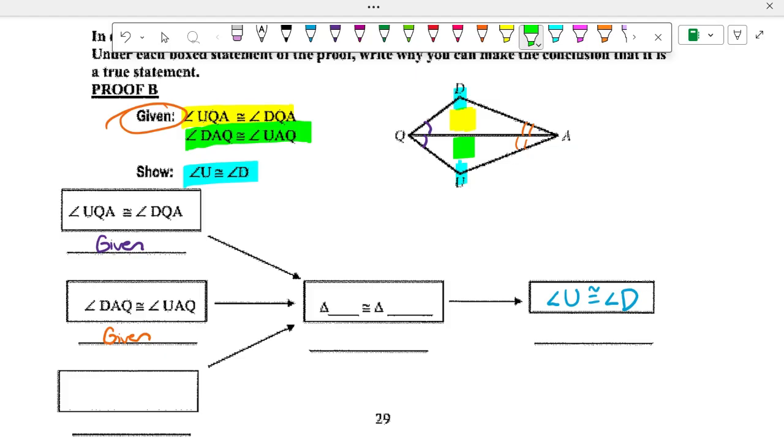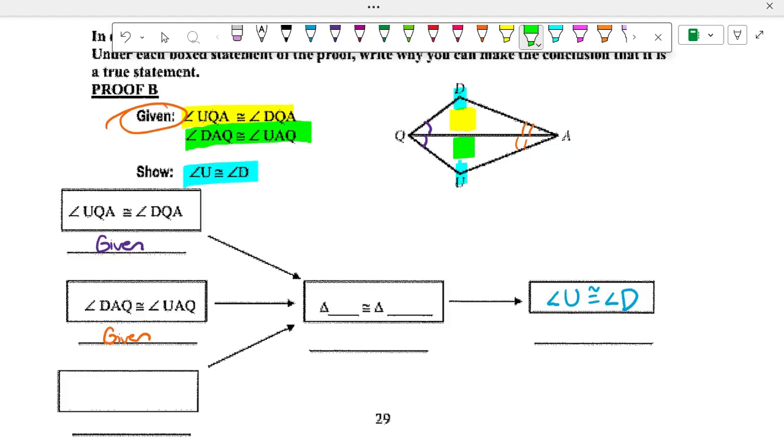All right. So I already have two angles that are shown congruent. Based off of my postulates, what are the only two postulates that have two angles in them? SAS, SSS, ASA, AAS, HL. Which are the only two postulates that this could be congruent by? Guys, come on. Two angles that are congruent out of all of your postulates.